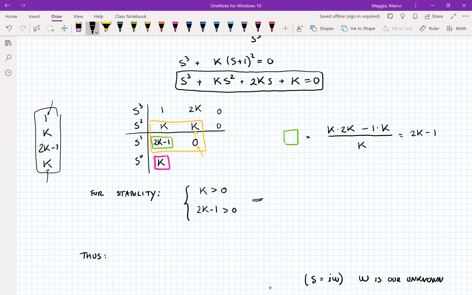So in other words, we want k that is greater than 1/2. So for values of k that are greater than 1/2, the system is asymptotically stable. And so if we have values of k less than 1/2, the system is unstable. So what happens is that at k exactly equal to 1/2, we have the transition. So our k star is exactly 1/2.